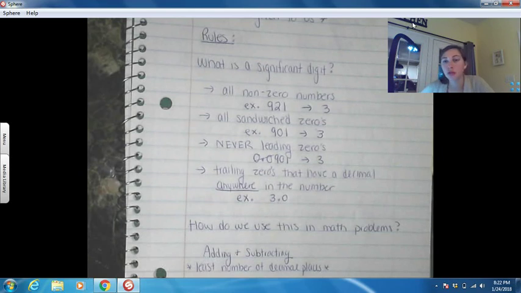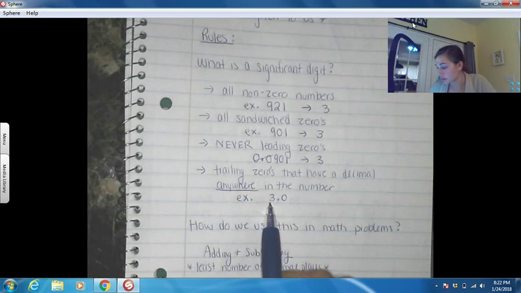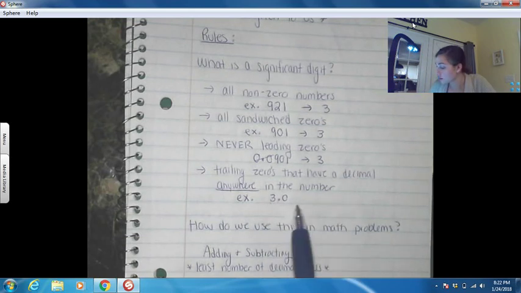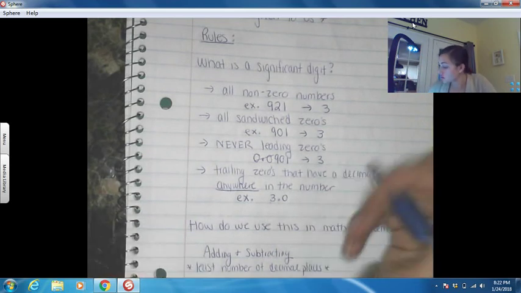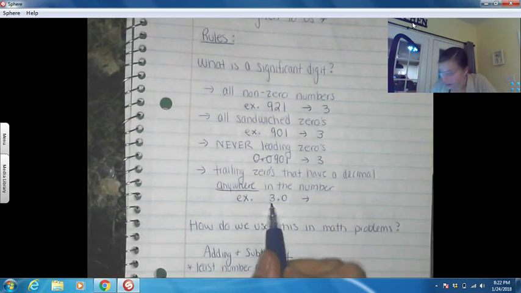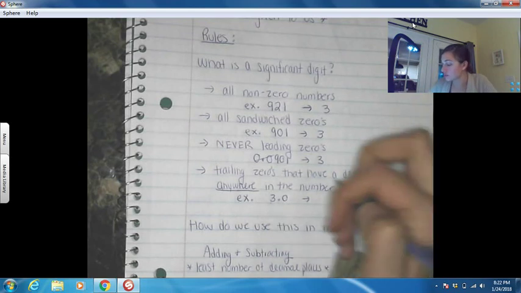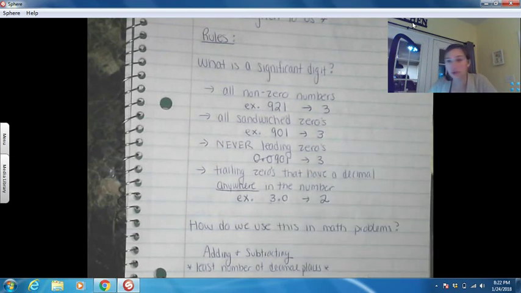Here is a trailing zero because it comes after a non-zero number, and we have a decimal place in the number. So here, our non-zero number and this 0 do count. So we have 2 sig figs.